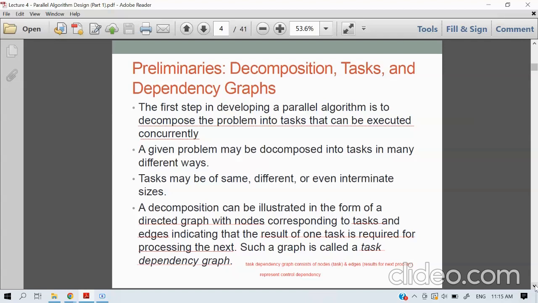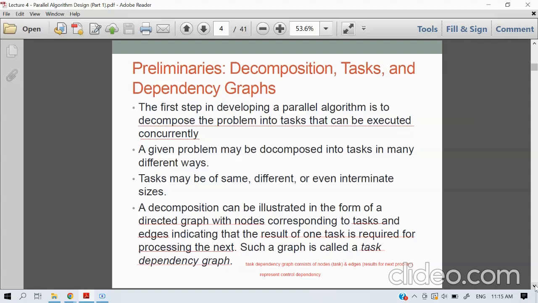So we need to identify whether our problem can be decomposed or broken up into tasks that can be executed concurrently or not. A given problem may be decomposed into tasks in many ways, meaning there are various ways to decompose the task.